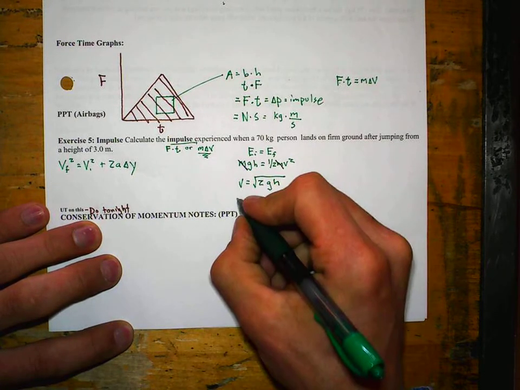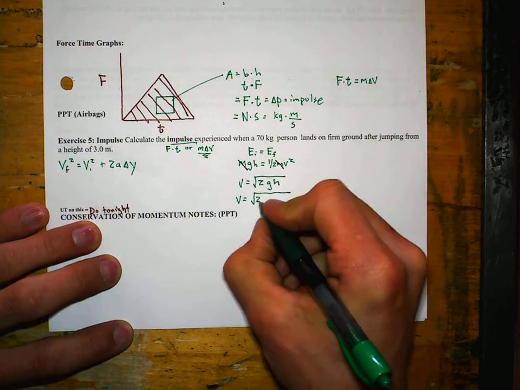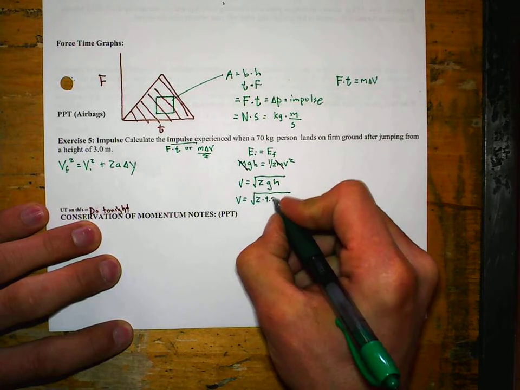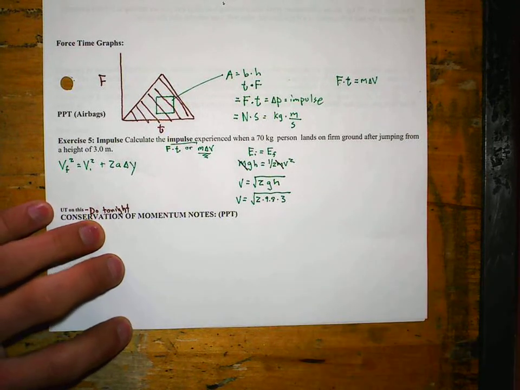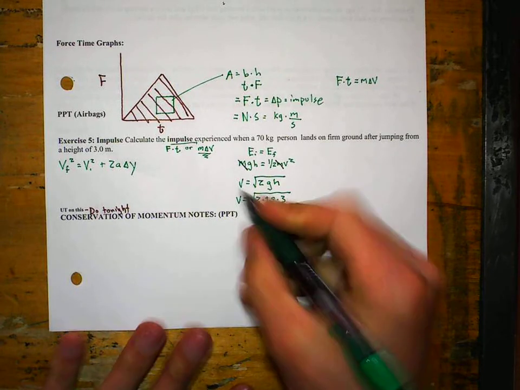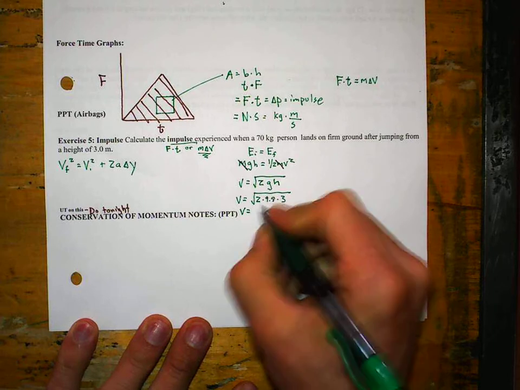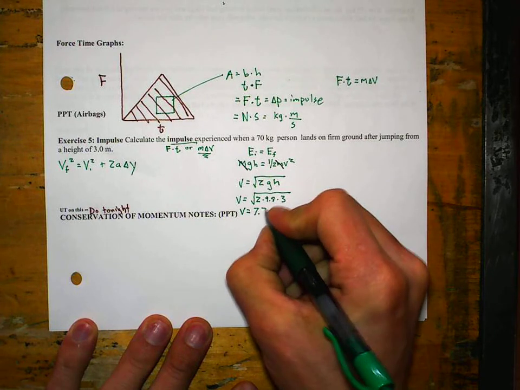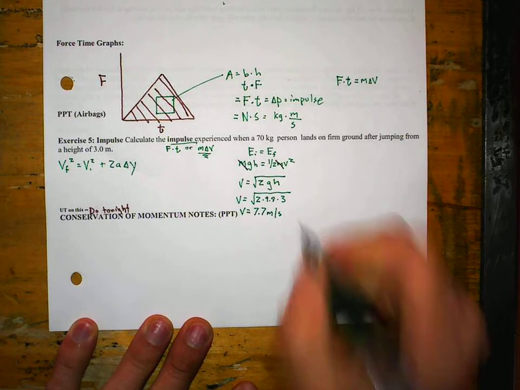So let's plug in some numbers here. Square root of 2 times 9.8 times 3. And if we punch that into our calculators, that is going to give us 7.7 meters per second.